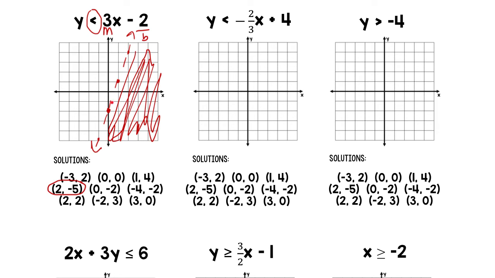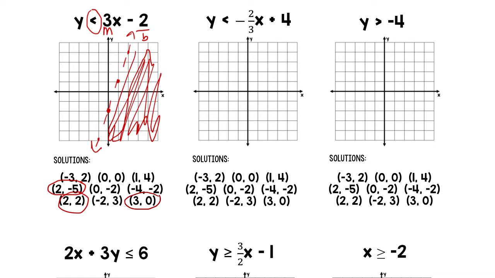This is a dashed line, so that doesn't count. -4, -2, not in the solution zone. 2, 2 is definitely shaded. -2, 3. Ooh, -2, 3 is not. And 3, 0 is in the shaded section.